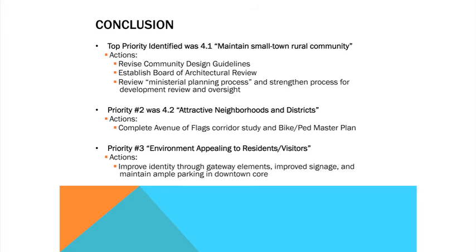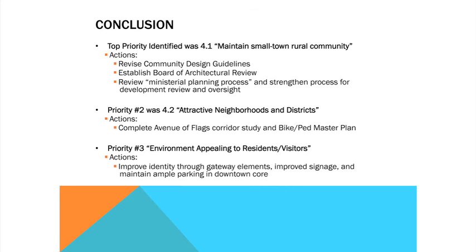The second priority was to continue to move into that area where we make attractive neighborhoods and districts. One of the things here was to complete the Avenue of the Flag study. We supported that, and also the Bike and Ped Master Plan. And the last part was just how we make the environment appealing to our residents and visitors, and that's been discussed a lot today.